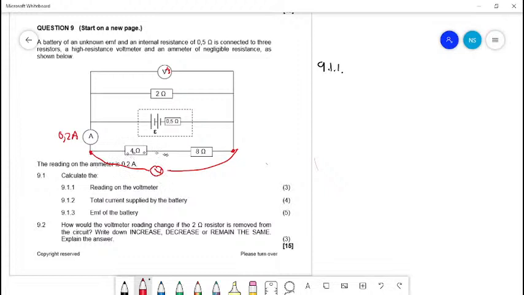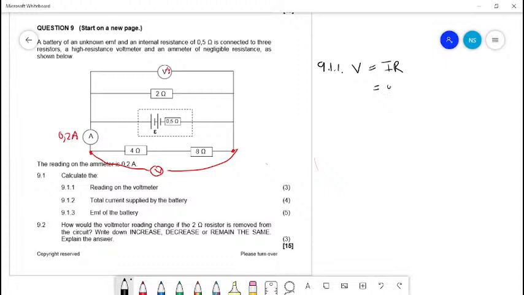So the current that will pass in this branch is 0.2 amps, and then the resistance of this branch is given by 4 plus 8, and that is 12. So V in that branch is equal to IR.